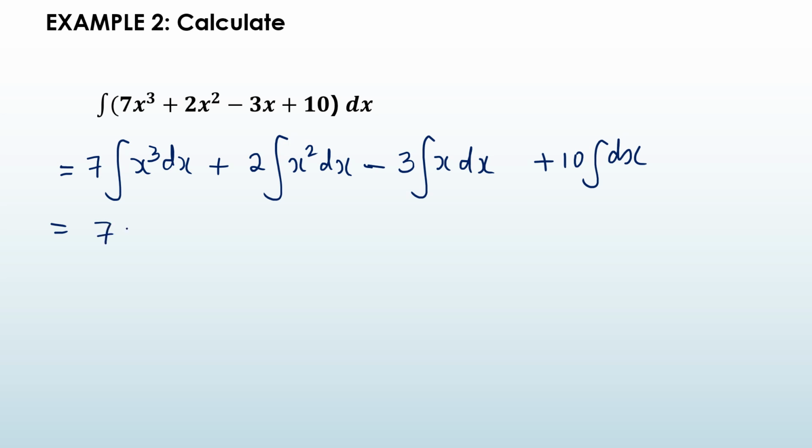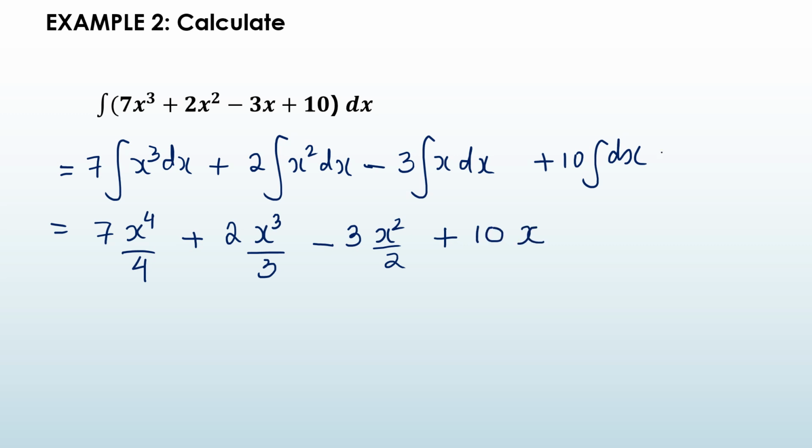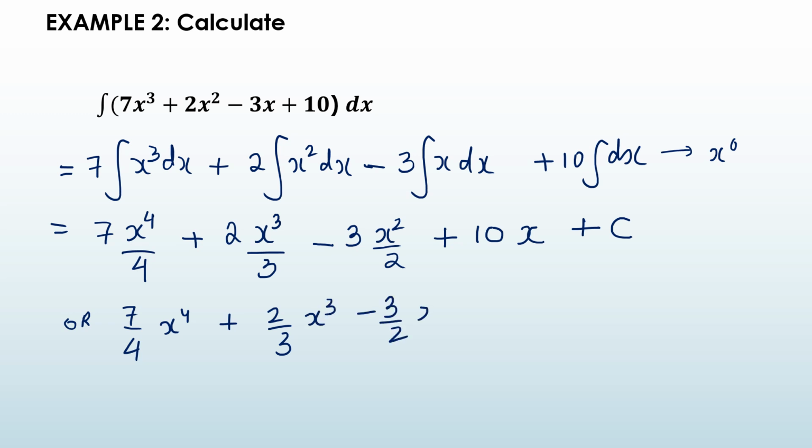So that's going to give me x to the power 4 over 4 plus 2 times x cubed over 3 minus 3 times x squared over 2 plus 10 times x, because that equals x to the power 0, plus the constant of integration. Now you can leave the answer in this form, or if you want, you can make it look neater by combining all the constants or the numbers. It looks better this way.